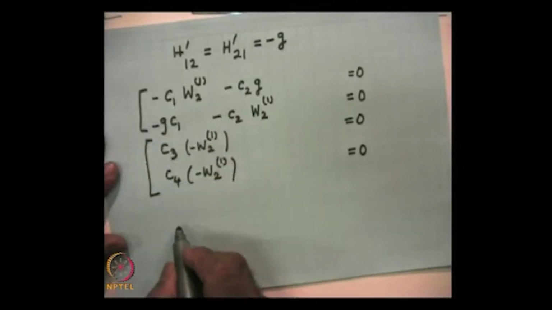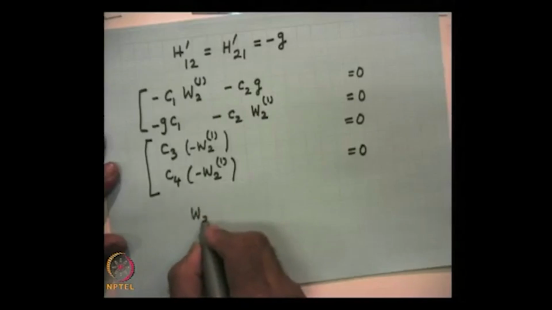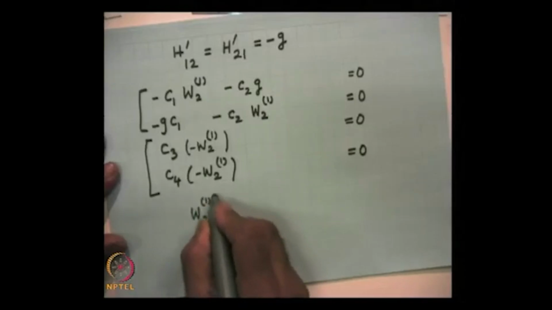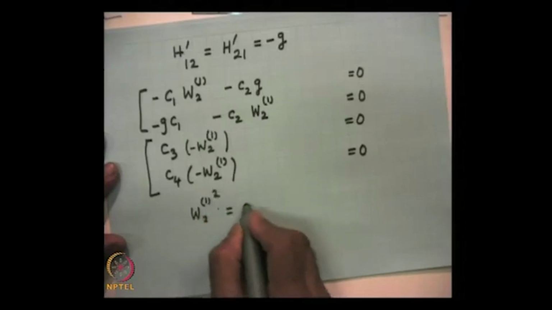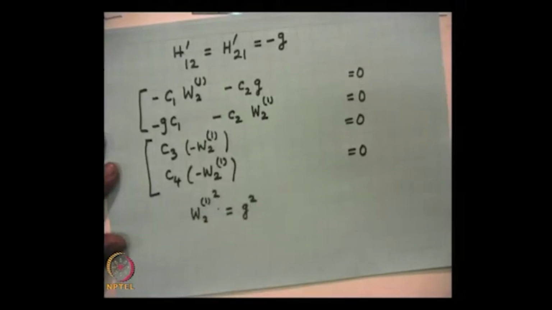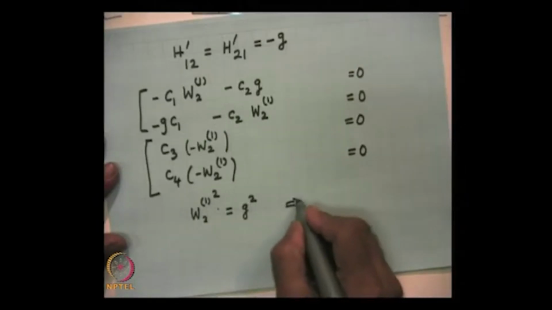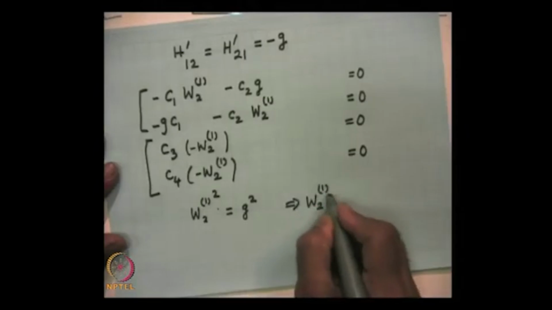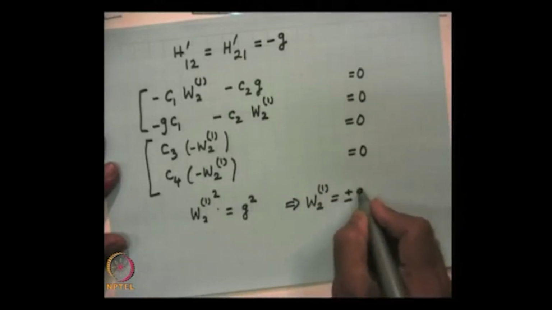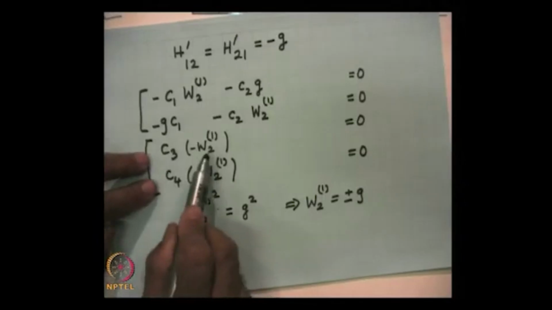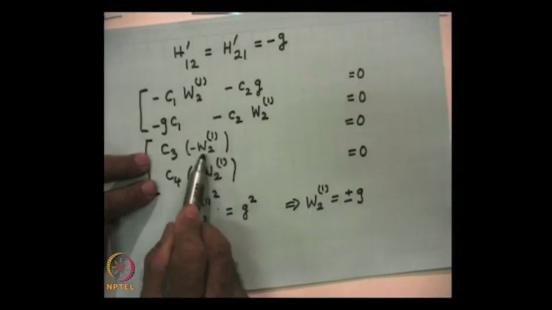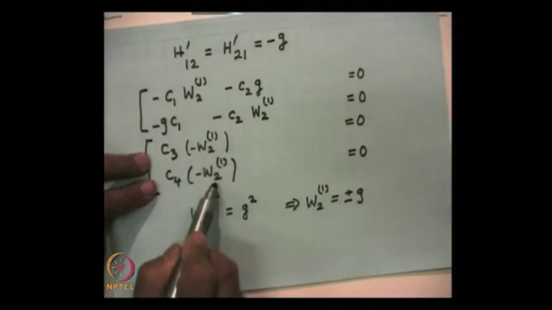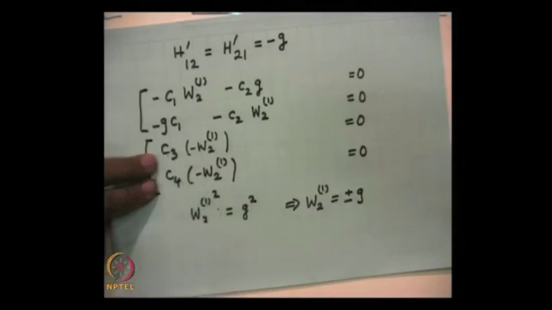The first two equations tell us that W21 square is equal to G square. So, the perturbation is W21 equal to plus or minus G. The second tells us that if W21 is anything other than 0, then C3 must be 0 and C4 must be 0.